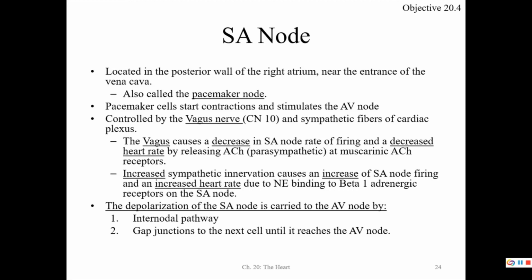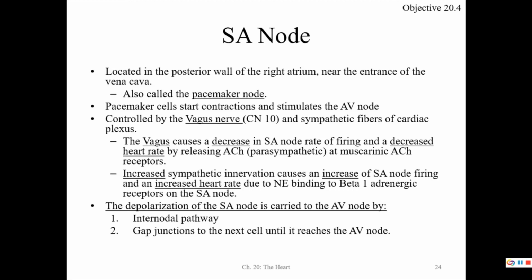Now, as I said, the ANS is going to be like the maestro, the conductor of the symphony orchestra, through the vagus and the sympathetic fibers of the cardiac plexus. Depending upon who's conducting that day, you may have somebody who wants to pep up the piece a little bit, and somebody who may want to make it a more somber, slow piece. We know the composer's supposed to dictate that, and I'm taking some liberties with my idiom here, and that's fine.